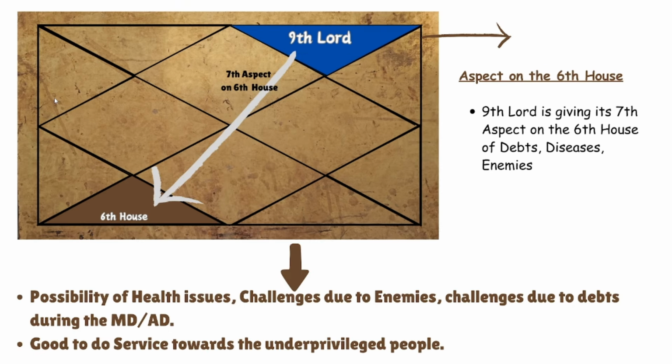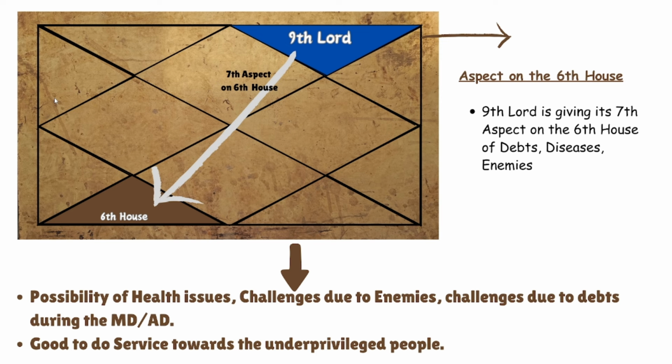Now, ninth lord sitting in the 12th house is giving its seventh aspect on the sixth house of deaths, diseases, and enemies. So, whenever this aspect is getting activated during the respective Mahadasha, Antardasha time period, there is a possibility that you might get some health issues, challenges due to enemies, challenges due to a huge pile of debt that you have taken due to your extravagant nature.